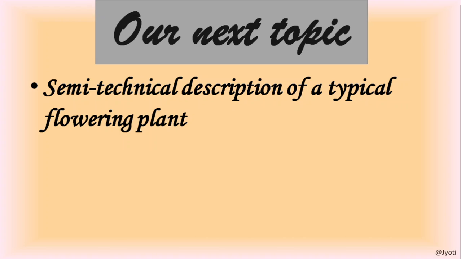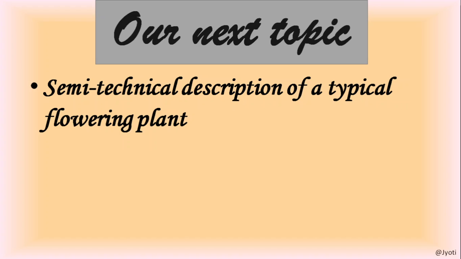Like a chemical formula, we can also represent a plant with its floral formula. And in order to know the floral formula, we have to remember all the terminologies related to the flower. Then only can we write the floral formula, after knowing the floral symbols.